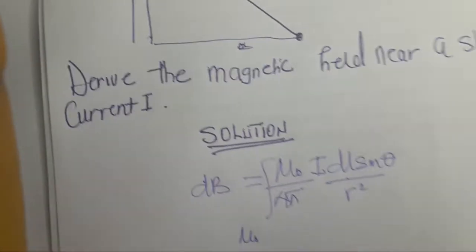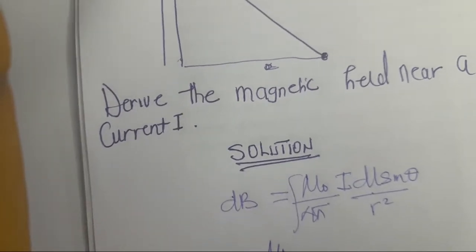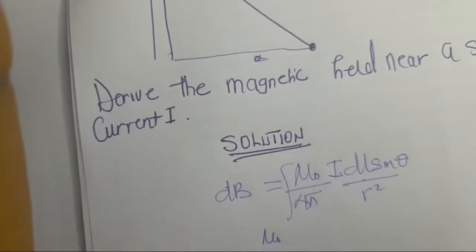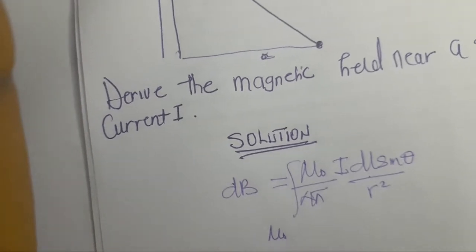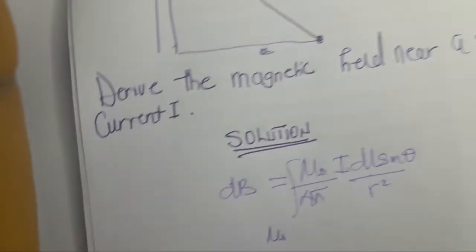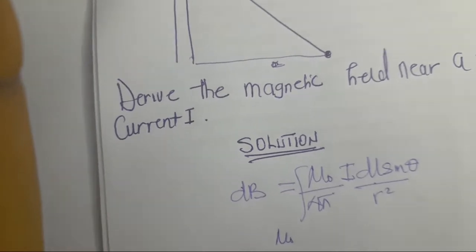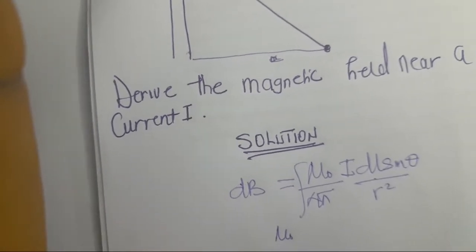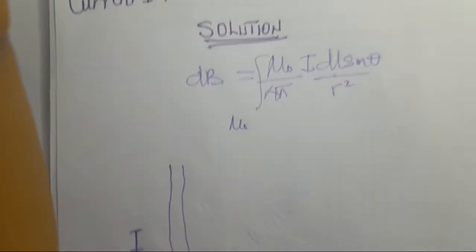From the diagram given in the assignment, this is the conductor. It's carrying current here, and this is the little elemental length, the small element we are considering. So let me take the camera down.